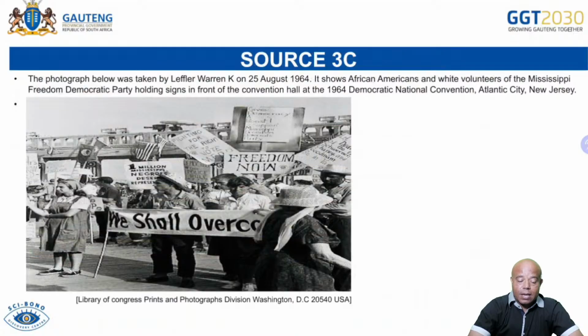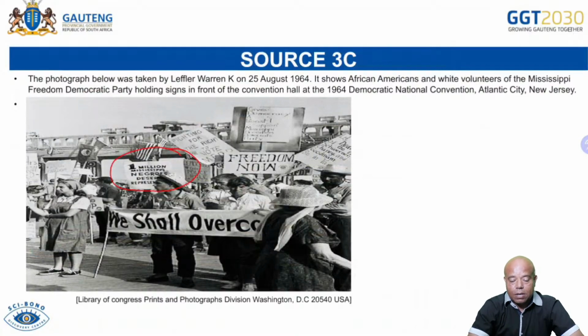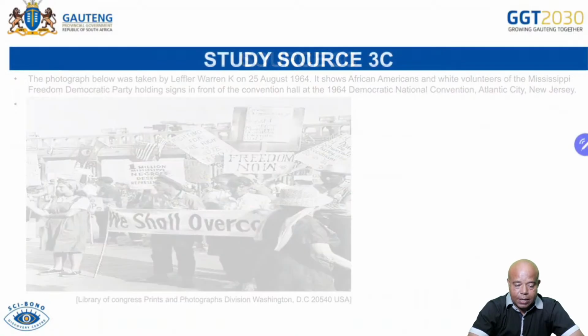So we can see the different types of posters. If I look at this poster here, I can see "1 million Mississippian Negroes", and then I see "We shall overcome" and "Freedom now", basically. So there are different posters for different reasons, but let's go to the question quickly.